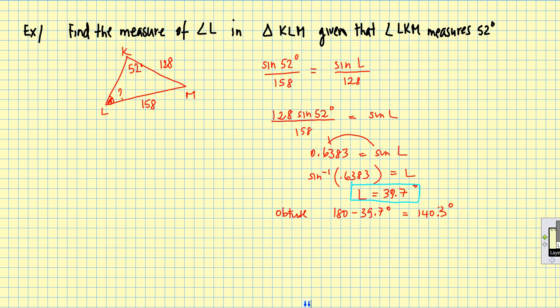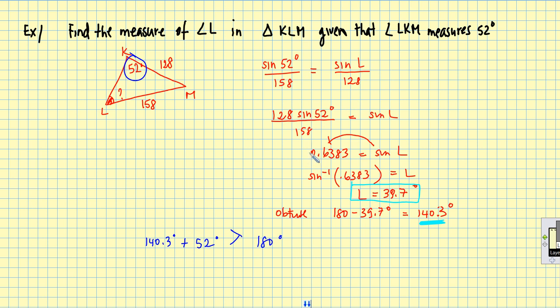Okay. Now, the last thing I have to do in the problem is decide whether I'm going to accept or reject this angle of 140.3. So how do I do that? I take the obtuse angle 140.3 and add it to the other angle in the triangle. If the sum of these two angles is larger than 180 degrees, then that simply means this triangle cannot exist.